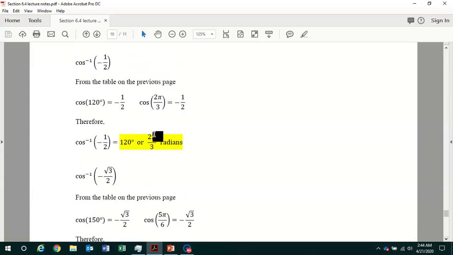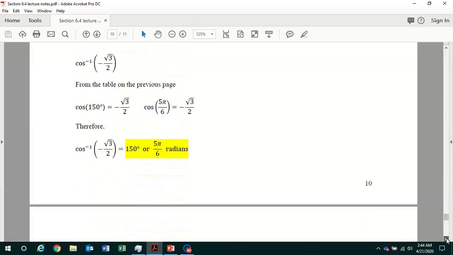In the next example, you'll find the inverse cosine of minus 1/2. From the table on the previous page, the cosine of 120 degrees is equal to minus 1/2, and the cosine of 2 pi over 3 radians is equal to minus 1/2. Consequently, the inverse cosine of minus 1/2 is equal to the angle 120 degrees, which is the same as 2 pi over 3 radians.